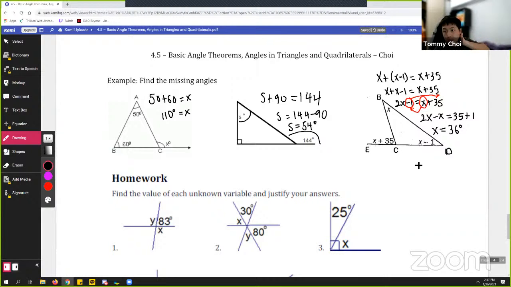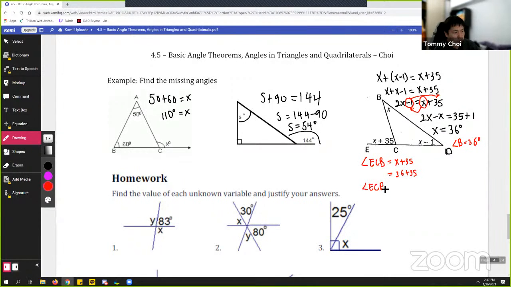Okay. We're not done. Once we have that, we can say, oh, that means angle B is equal to 36 degrees, because it asks for the missing angles. That means angle ECB is equal to x plus 35. We know what x is now, so we can plug that in.